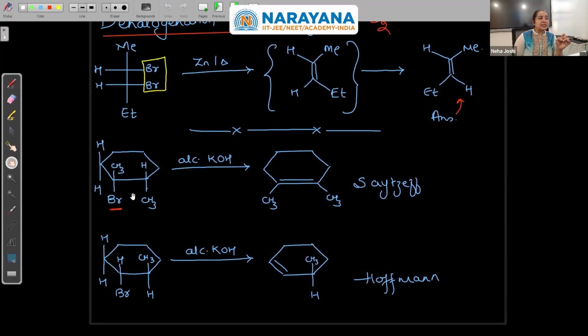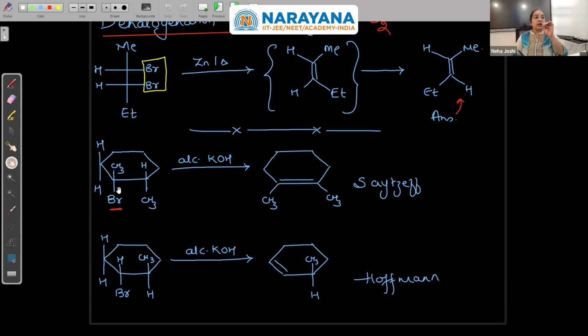For cyclic systems, E2 is extremely specific about anti-elimination. It may compromise between Saytzeff and Hofmann choices. That is allowed, but between anti and syn, it will never compromise. Okay. Is that clear?